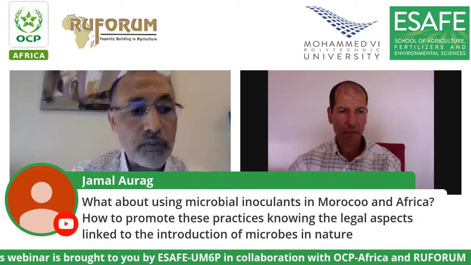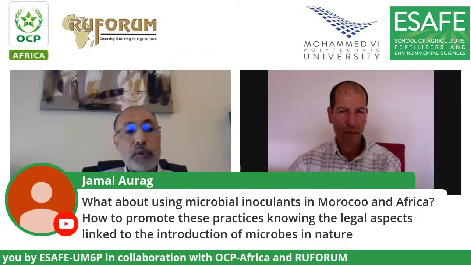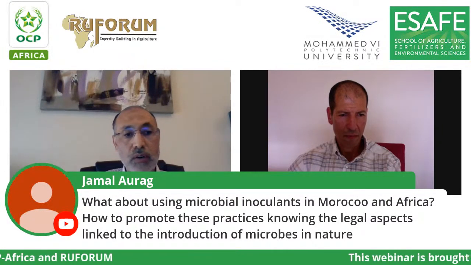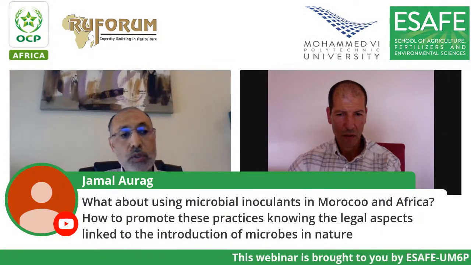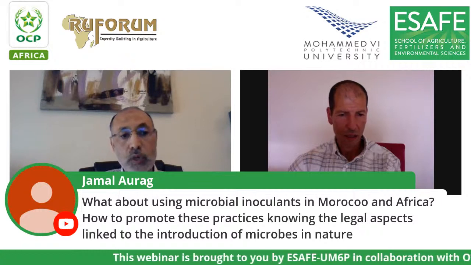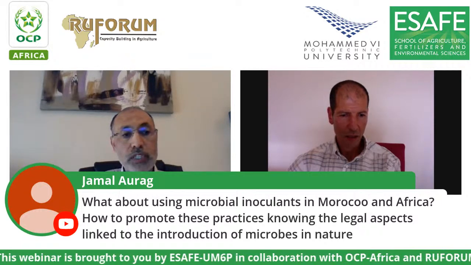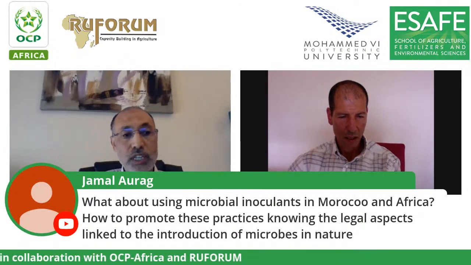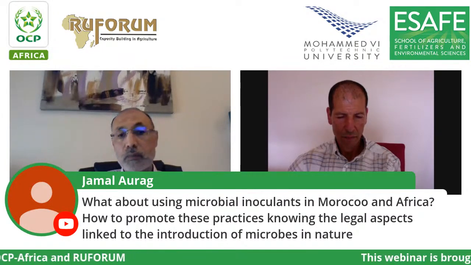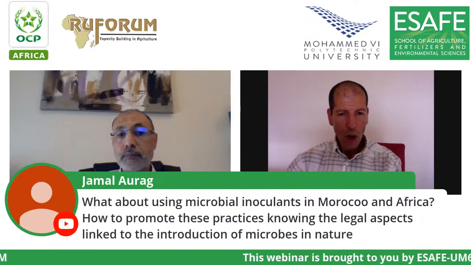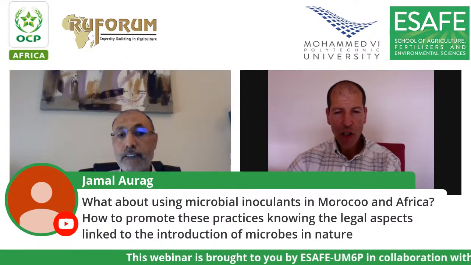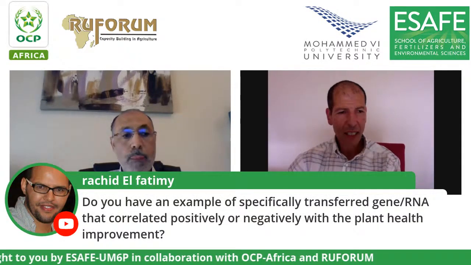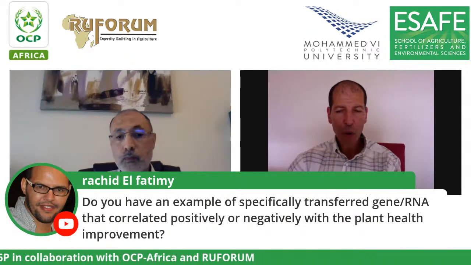Yes, a question from Jamal Urag is about the real practices in agriculture in Africa, in Morocco. He said, what about using microbial inoculants in Morocco and Africa? How to promote these practices, knowing the legal aspect linked to the introduction of microbes in nature? Well, there are commercial products, I guess, in Morocco and in Africa that use bioinoculants.